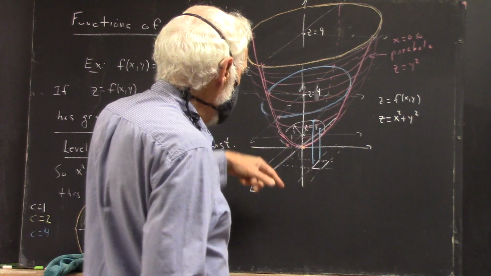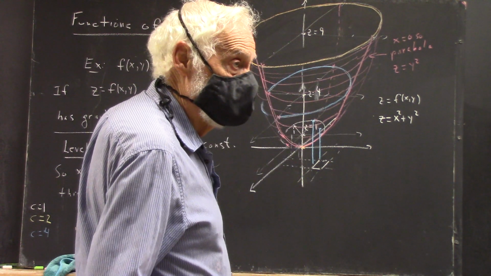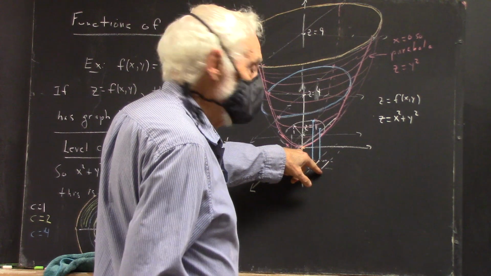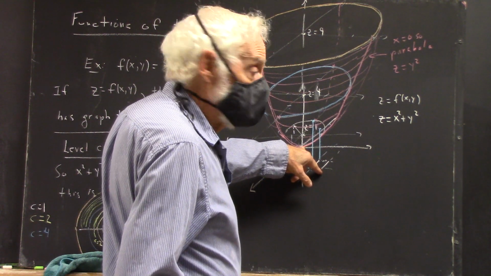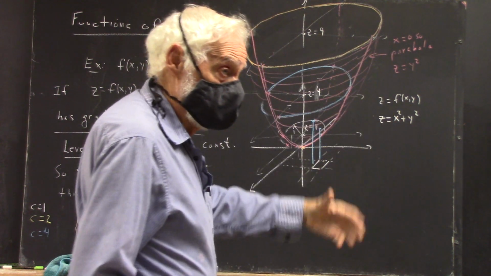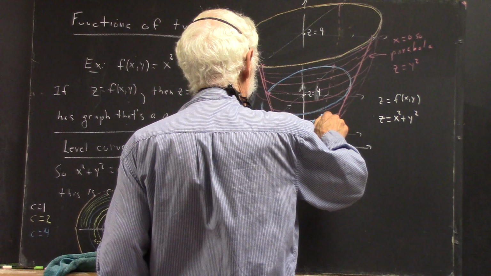That's out a little further. It's a little further from the origin, so it's going to hit the surface at a higher point. This one is further from the origin, so the x squared plus y squared is going to be bigger, right? So the z equals x squared plus y squared is going to be even bigger. So this point might go up to here.